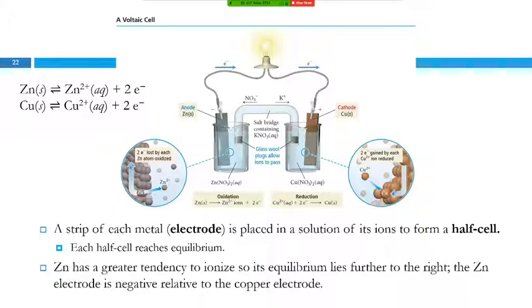So zinc, it has a larger tendency to ionize, so its equilibrium lies further to the right, and copper lies further to the left. So this electrode over here is going to be negative relative to the copper electrode, because there's extra electrons here that are trying to go somewhere.